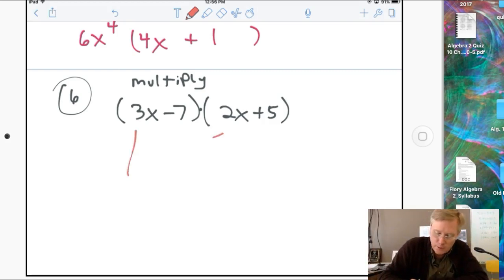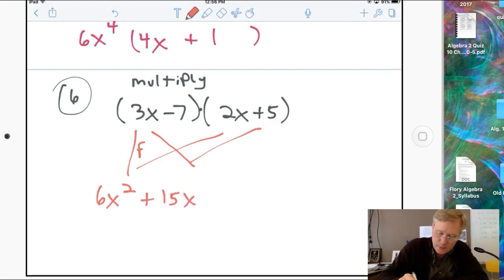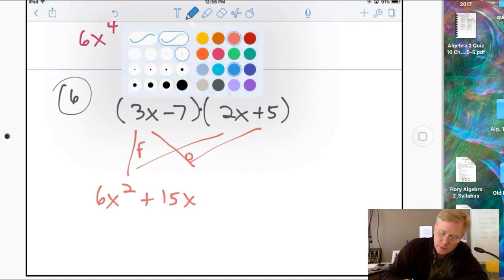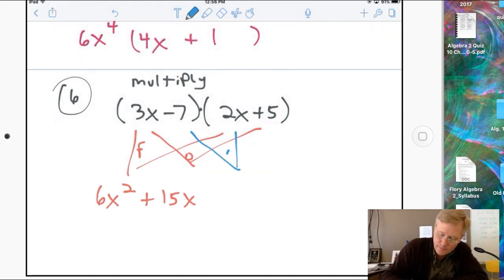So if I did it by FOIL, I would go 3x times 2x is 6x squared. Outside is 3x times 5 is 15x. Inside is the negative 7 and the 2x, which is negative 14x.